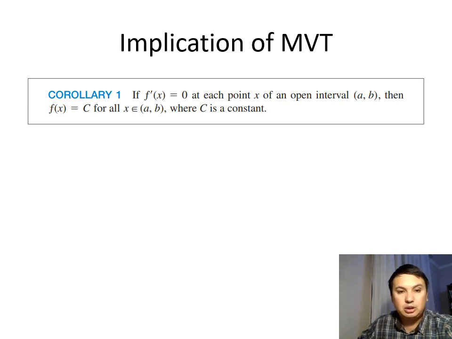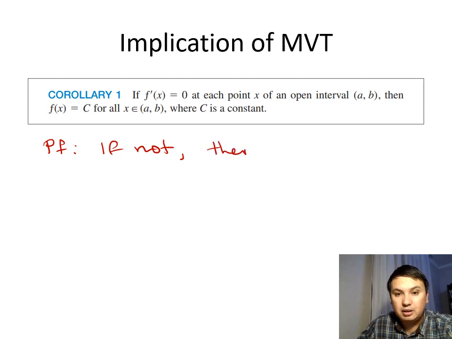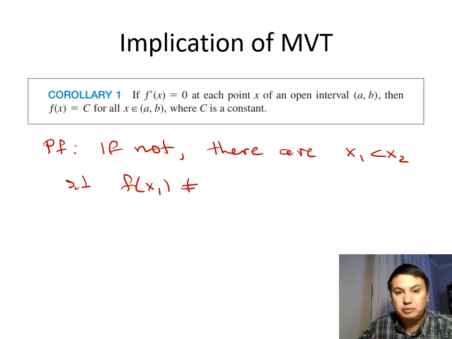Well, we can do it by contradiction. If not, what does that mean? It means there are x1 and x2 some points such that f of x1 is not equal to f of x2. But we are assuming that the function is differentiable, etc., so we can apply the mean value theorem.